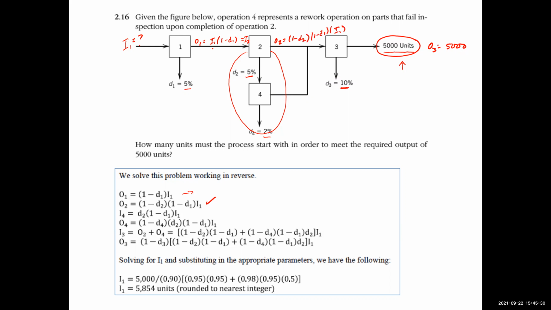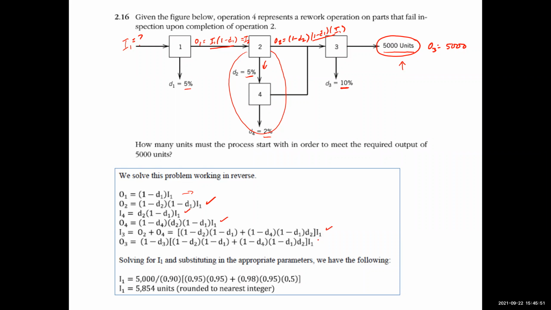So I1 times 1 minus D1 is what we are getting in. So we are multiplying that by this amount that is not going in this direction. And we can continue that process, finding those expressions for each one of the inputs and outputs.